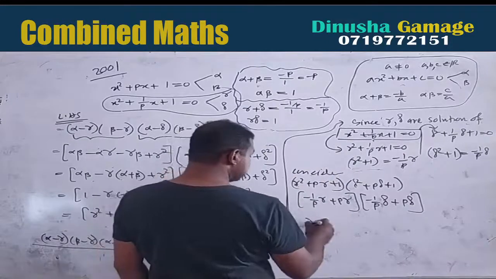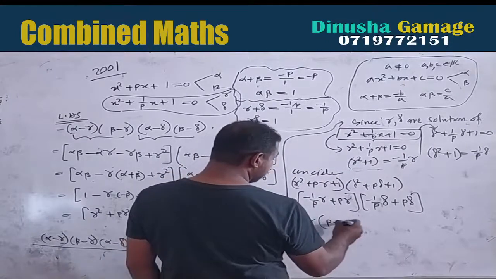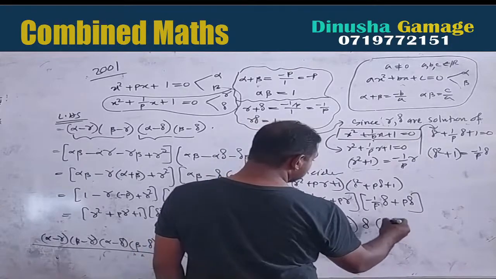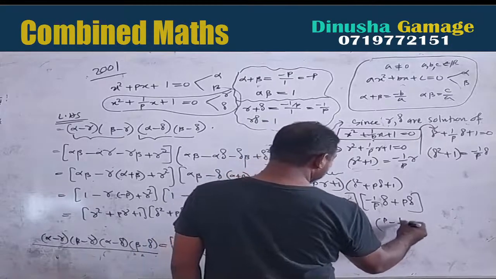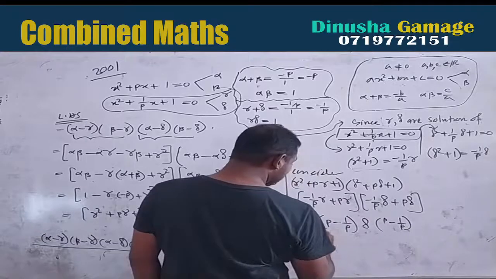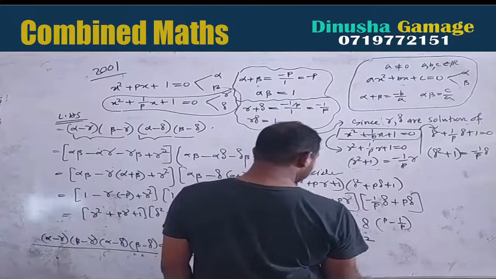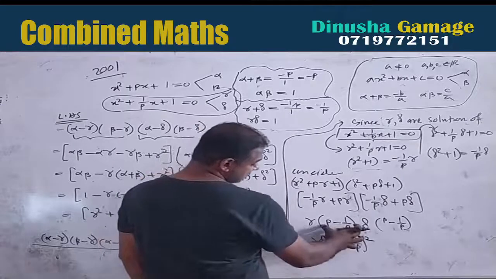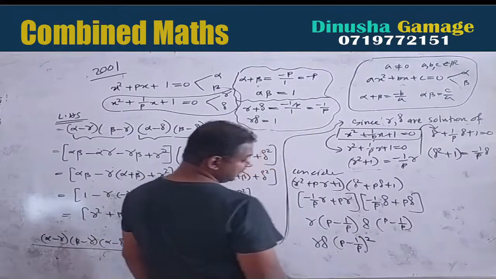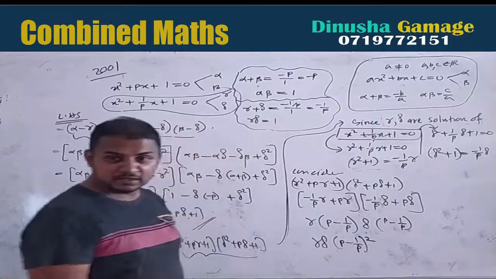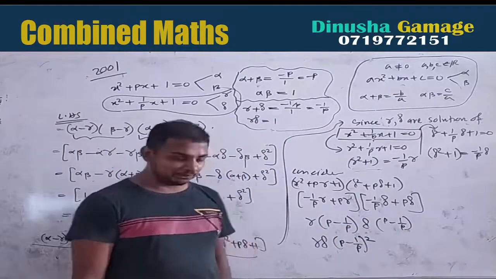From this, just take gamma as common factor: p minus 1 over p. From this, take delta as a common factor: p minus 1 over p. Gamma delta into p minus 1 over p, all to the power 2. P minus 1 over p into p minus 1 over p. It is p minus 1 over p square.